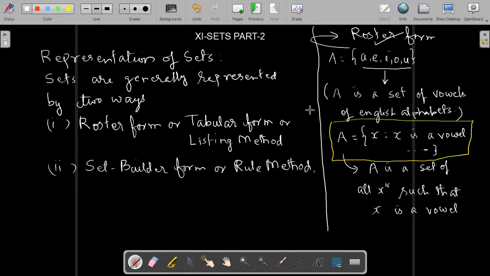So these are the two ways of representing sets.